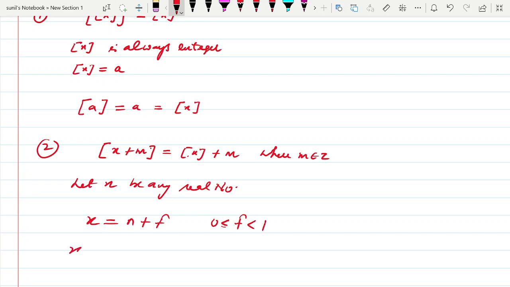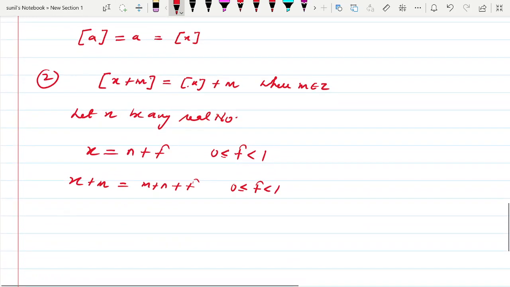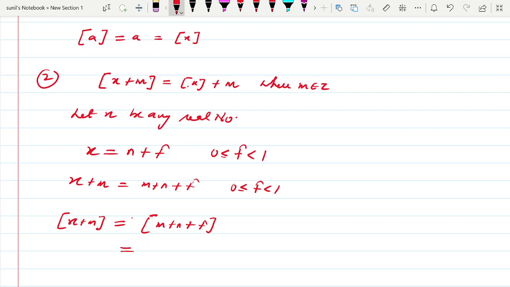Now what is x plus m? That is m plus n plus f, and certainly my f will lie in between 0 and 1. Now if I take the greatest integer of this, can you tell me what it is? Since f is a fractional part, the greatest integer is m plus n.